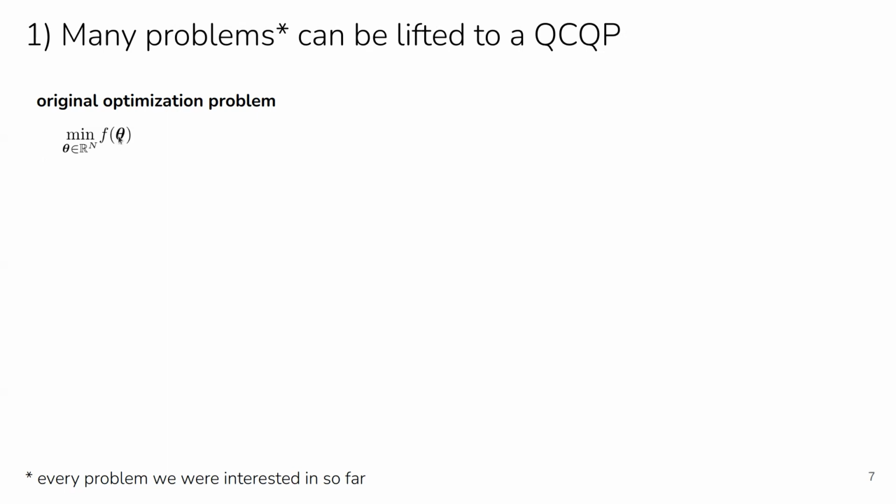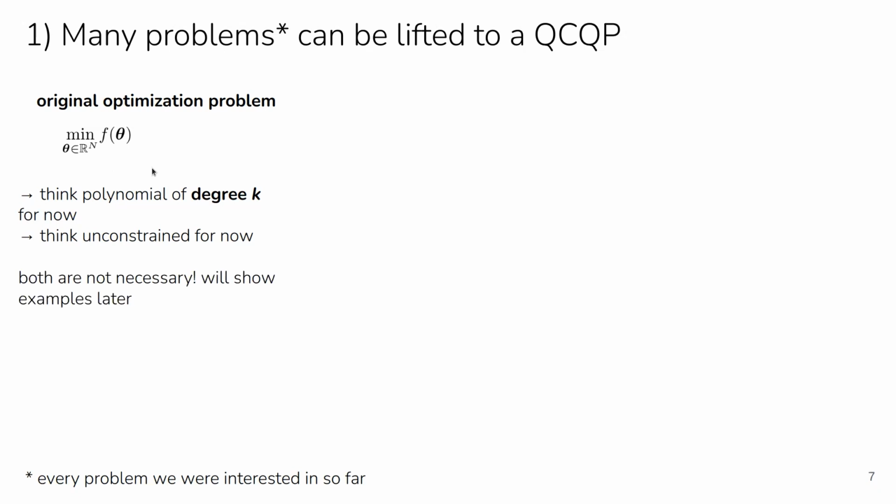You can think about, for instance, positions over time all concatenated in one vector, or you could also have rotations there. For pedagogical reasons, it's probably good if you think about f being just some polynomial function of degree k, and forget about adding constraints, but both of these assumptions are not necessary. In fact, we can also deal with, for instance, rational functions, or we can also add constraints, and I will show some examples of that later. But for now, I think it makes the math easier to understand to not worry about these things.